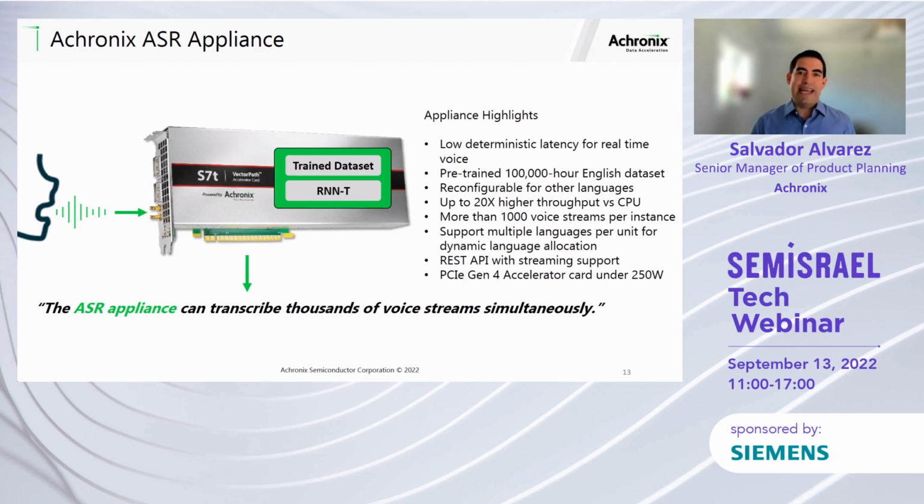It can process thousands of voice streams simultaneously, and that's up to 20x higher than a CPU running without FPGA acceleration. The server CPU controls the ASR appliance, offloading the ASR workloads to the card. Being software programmable, the ASR appliance can actually also be used for other functions besides ASR.